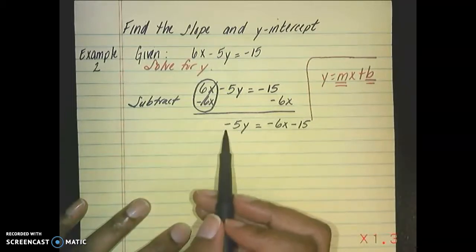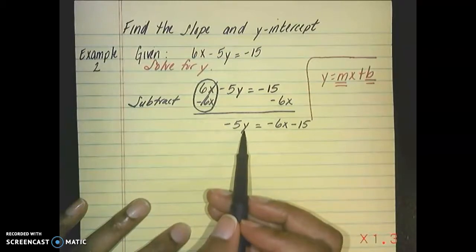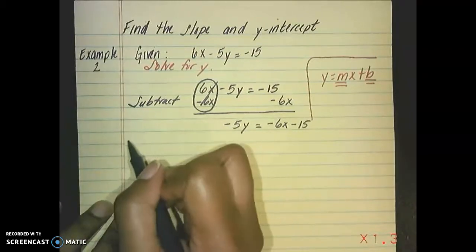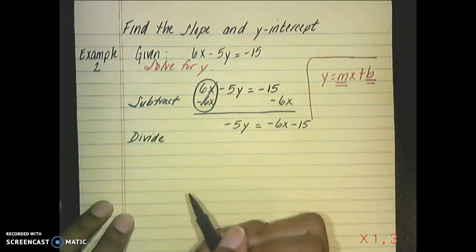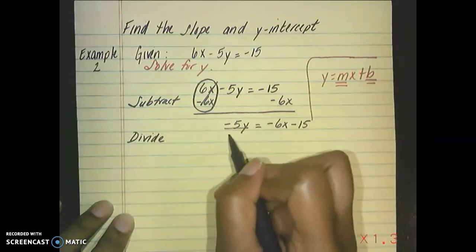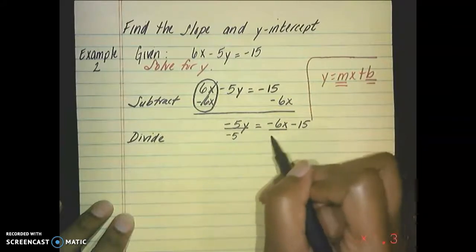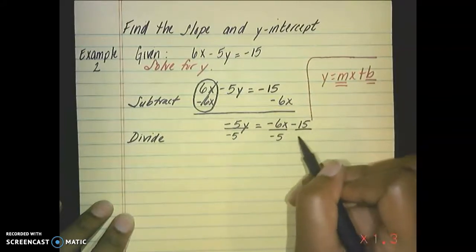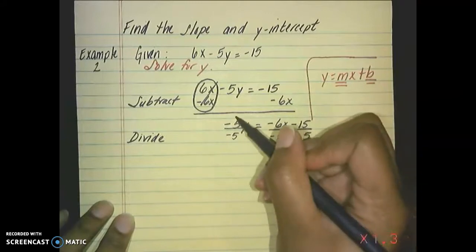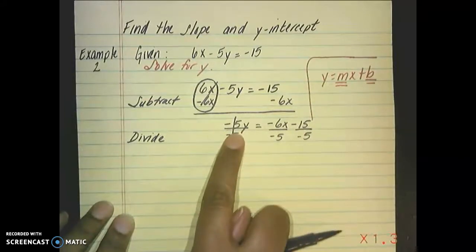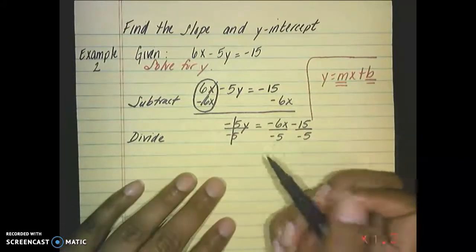I have a negative 5 multiplying that y, so I'm going to do the inverse of multiplying, and divide every single term by negative 5. I got a 1 here, so now that negative 5 is gone, because 1 times anything is just that anything.